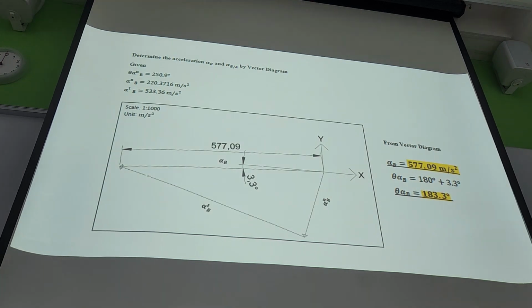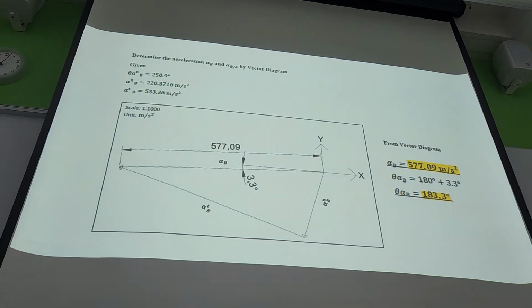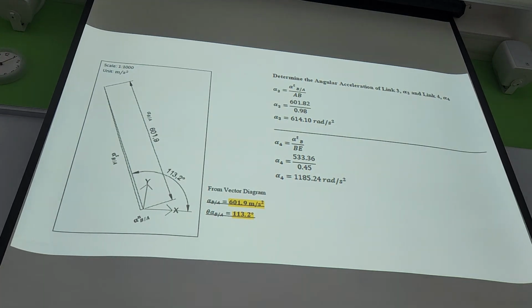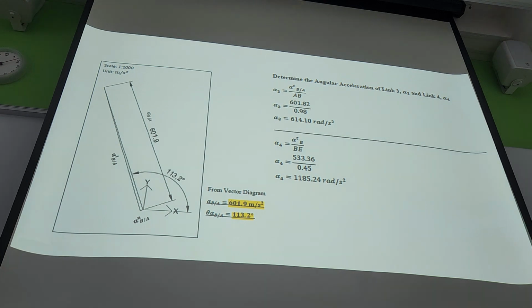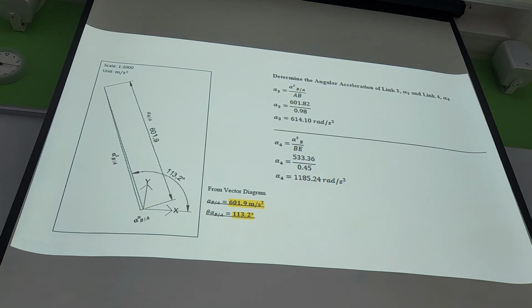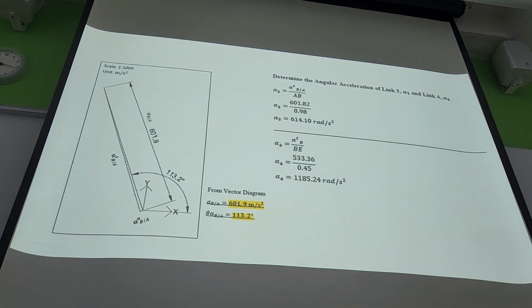Alright. So next, this is the calculation part. Next you have to move on to how to calculate alpha 3 and alpha 4. If you know BA tangent, then BA tangent over AB gives you the angular acceleration of link 3.